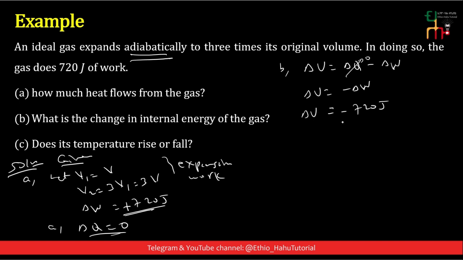This is delta U. The negative sign shows that there is a decrease in internal energy. If there is a decrease in internal energy, the temperature gets smaller and smaller.